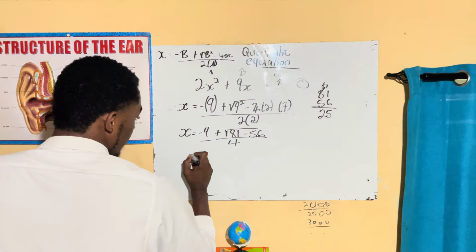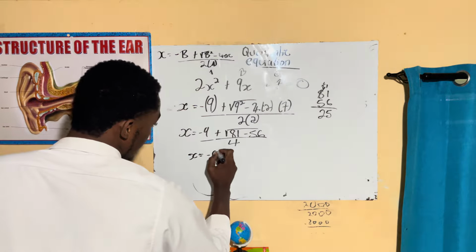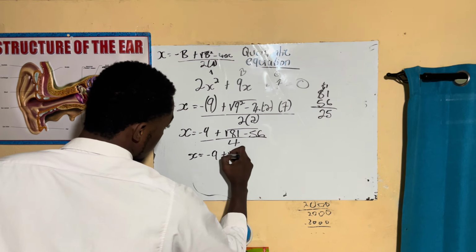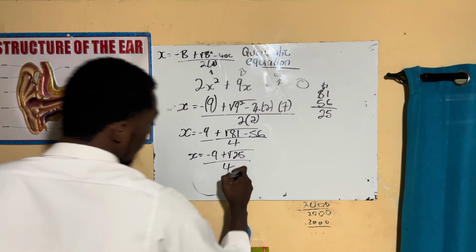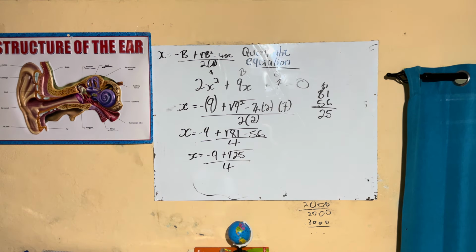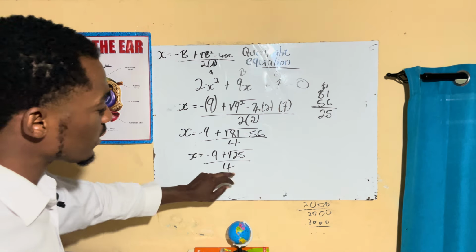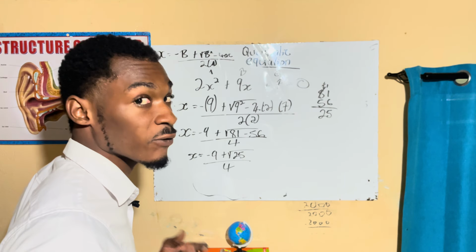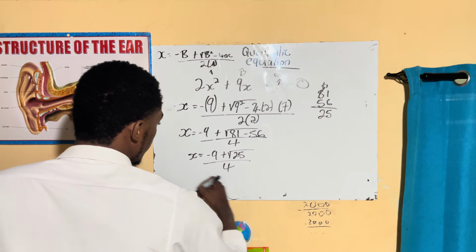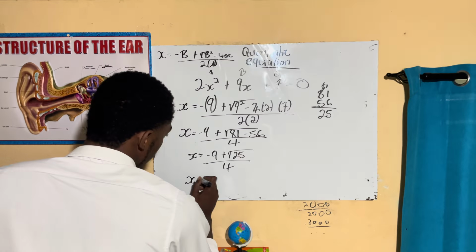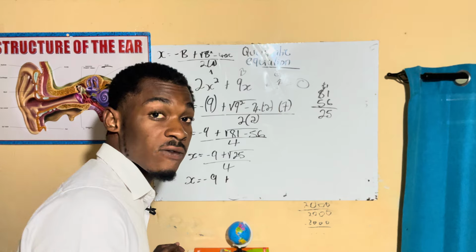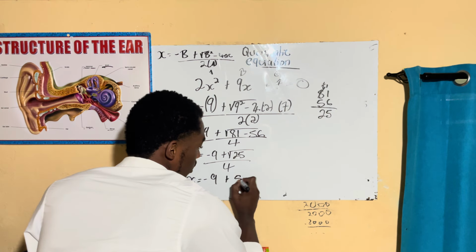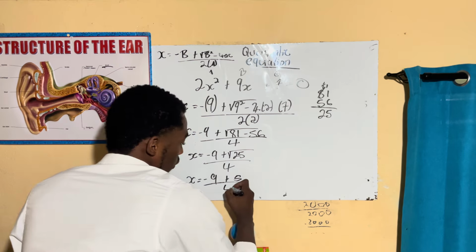So now we have x equal to negative 9 plus the square root of 25, over 4, right? Now we can find the square root of 25, because we know that the square root of 25 is 5. So x now equals negative 9 plus 5 over 4.